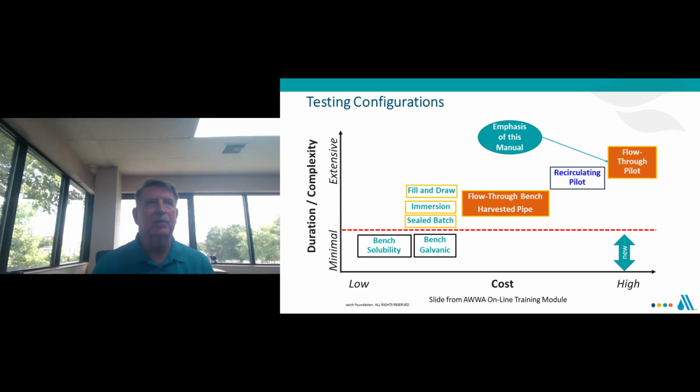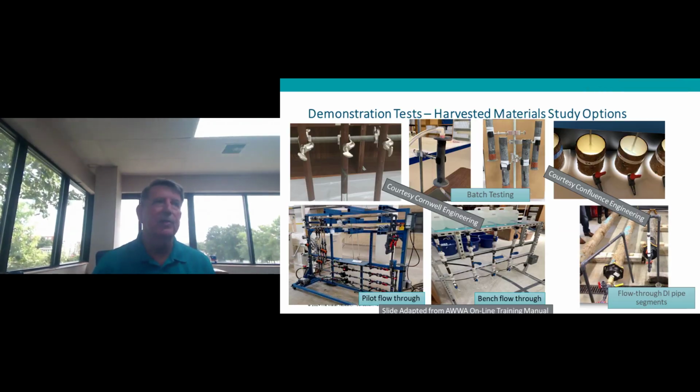Those are sometimes called coupons, but they've been refined quite a bit since old coupon studies. Those are still called for as screening studies and things like that. There's galvanic tests, there's fill and draws. Then you move up to a flow-through bench scale study, a recirculating pilot, and a flow-through pilot. Our emphasis, again, is on the flow-through pilot, but to some extent applies to some of the other flow-through situations.